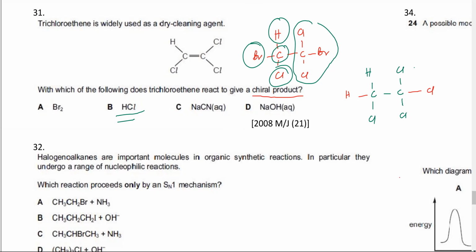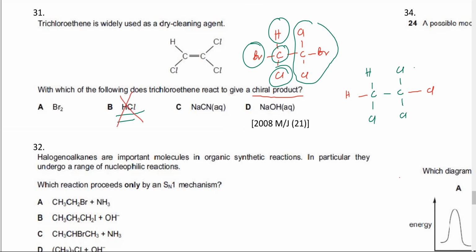Now even if you check this one out it's this carbon is bonded to 2 hydrogens, this carbon is bonded to 2 Cls. उल्टा भी होता तब भी same होता, it would not have made a difference. तो ये नहीं हो सकता.